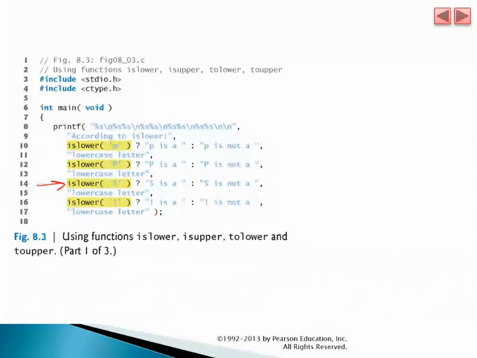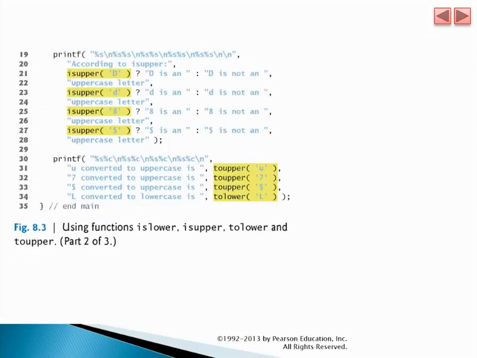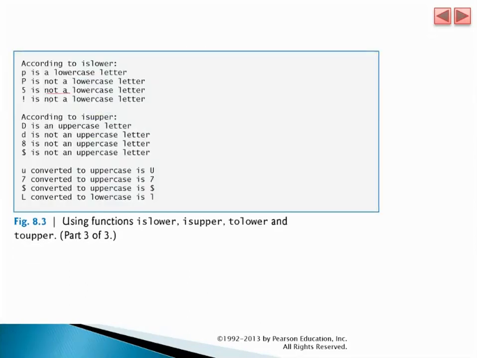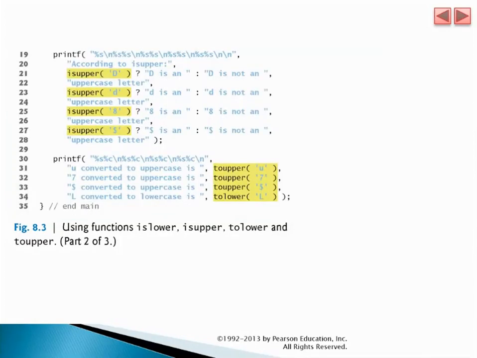Not a lowercase letter, because this is not a lower letter. Since we are talking about letters, it should be alphabets by default, right? So for both of these, they are not a lowercase letter. Okay. Same applies with uppercase also.